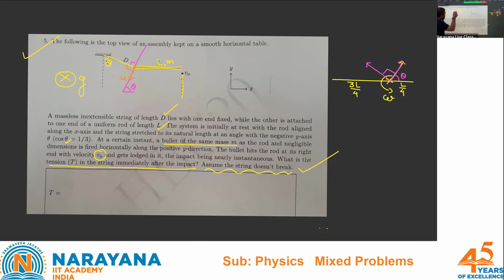So it can only have a velocity perpendicular to the string, the net velocity just after the impact. So I understand that I'll have a velocity here, which is u. This much is fine. And the angle of this line is theta.